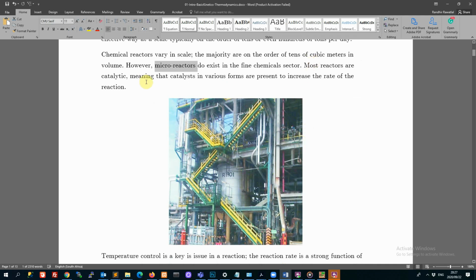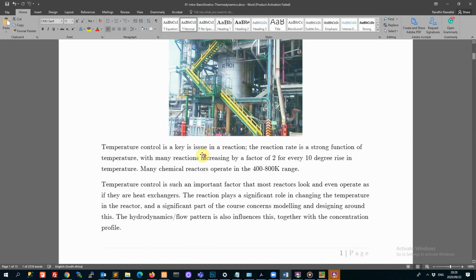Most reactors do have catalysts that are there to promote the reaction rate. So the catalyst is another chemical which makes it easier for the reaction to proceed. And we look at in some detail the thermodynamics around that and the kinetics and so on.